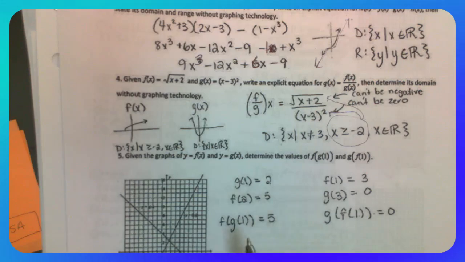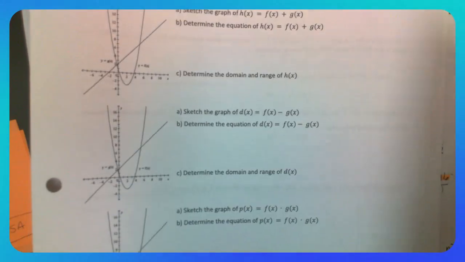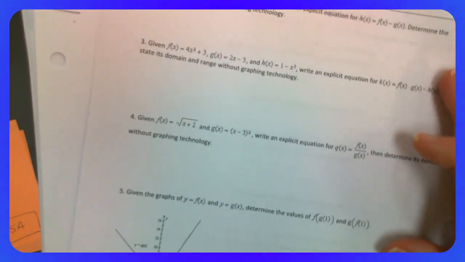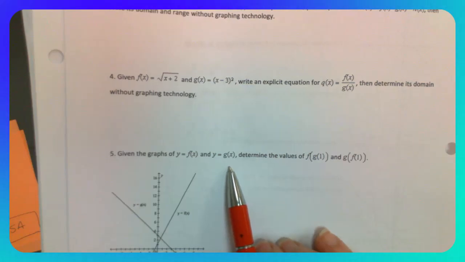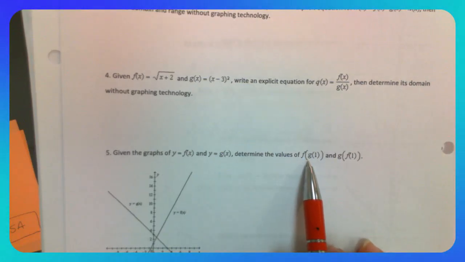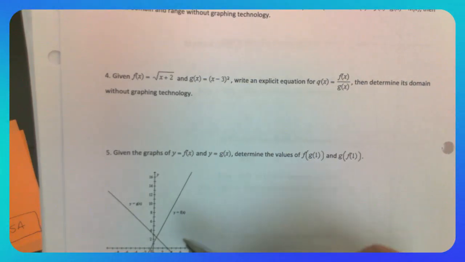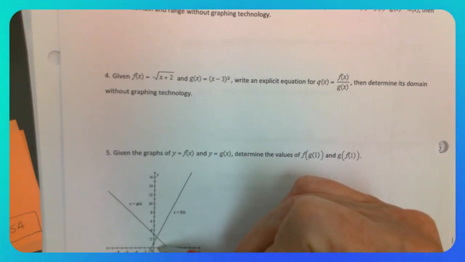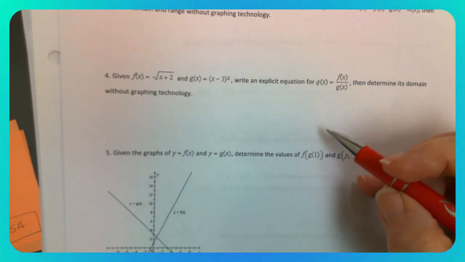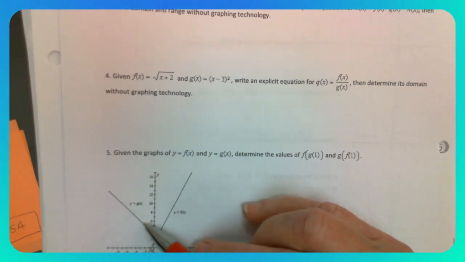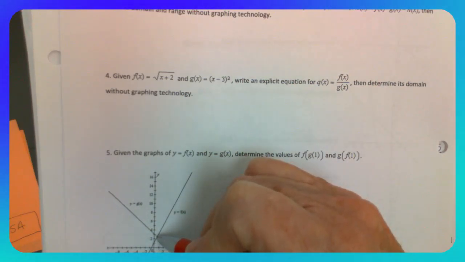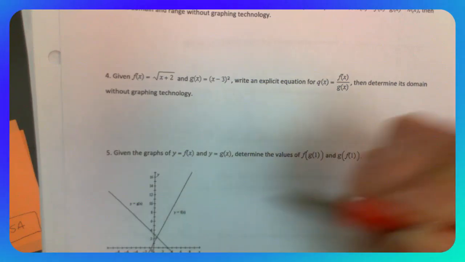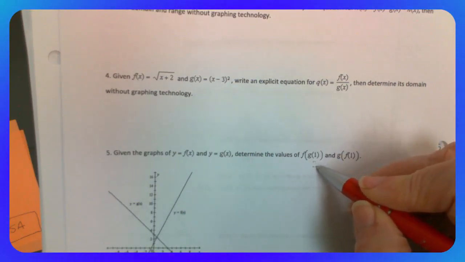All right, let me look at the test and see what it says. Much clearer on the test. All right, so we're going to work inside out. G of 1 is, here's G. All right, so G of 1, still hard to see. Is that 2?